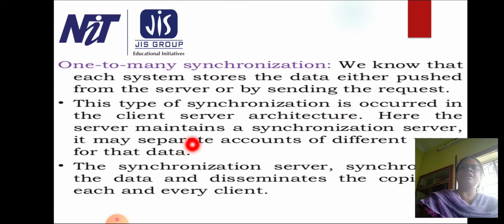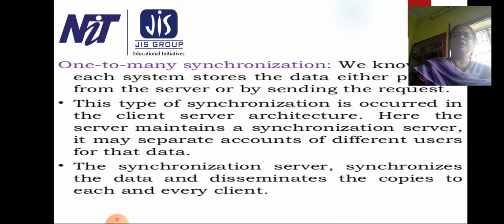Here the server maintains a synchronization server. It may keep separate accounts of different users for that data. The synchronization server synchronizes the data and disseminates the copies to each and every client.